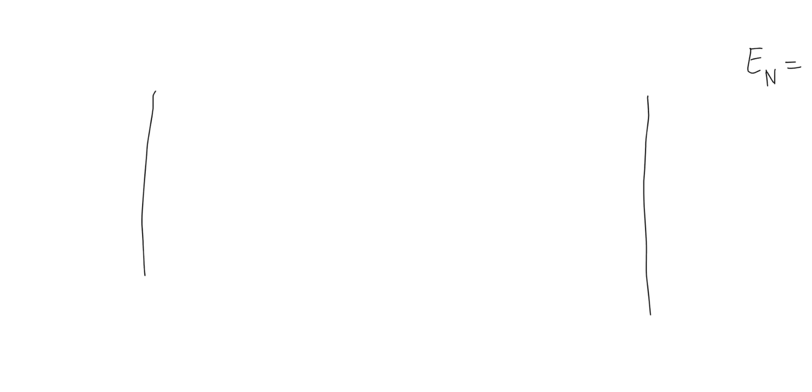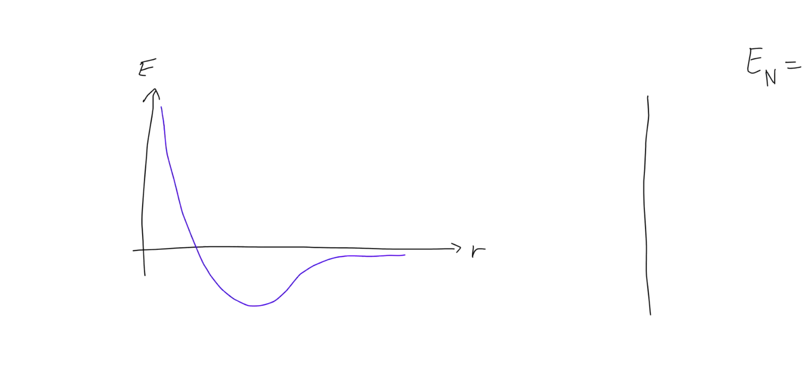Energy axis and the radius here r, and effective potential U looks like this. All right, so this is U effective. This goes to infinity here, and this goes to infinity here. This is U effective of R.